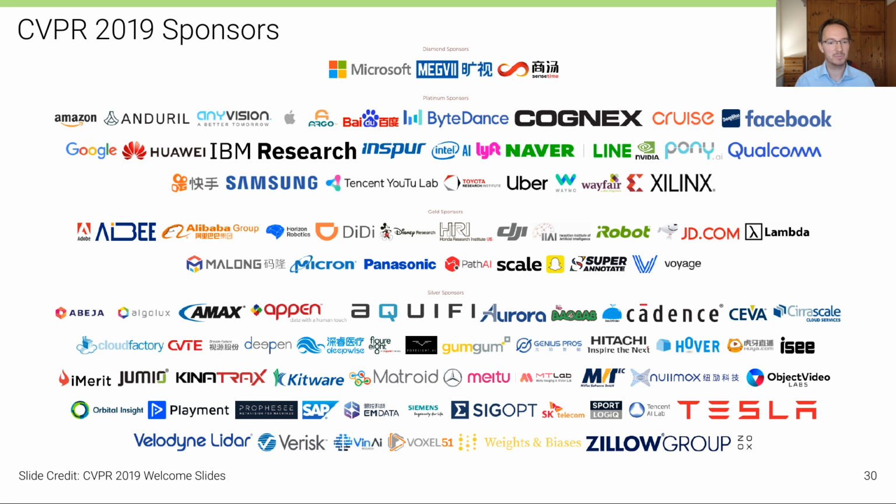And here's just an example of some of the companies that are sponsoring the organization of the CVPR conference, that also present their latest innovations, and that also collaborate with researchers in the field. And this is just growing very quickly due to the success that computer vision had recently.